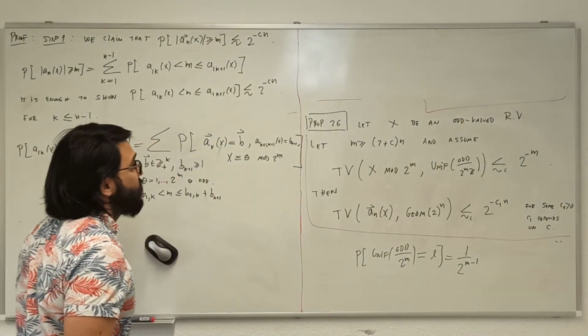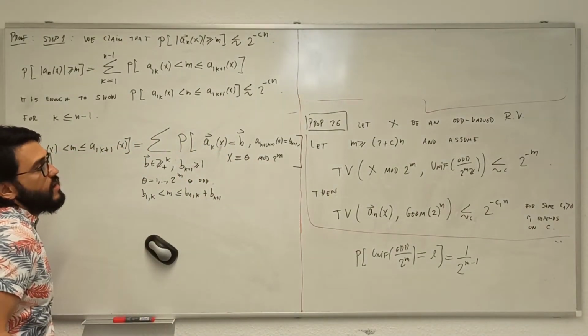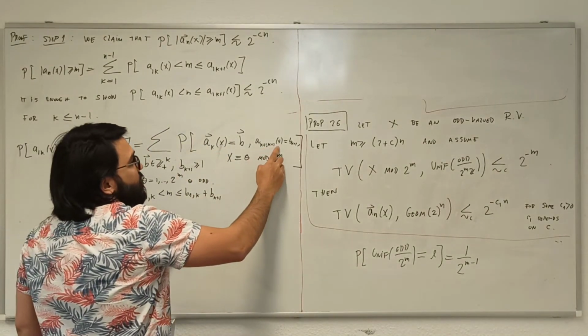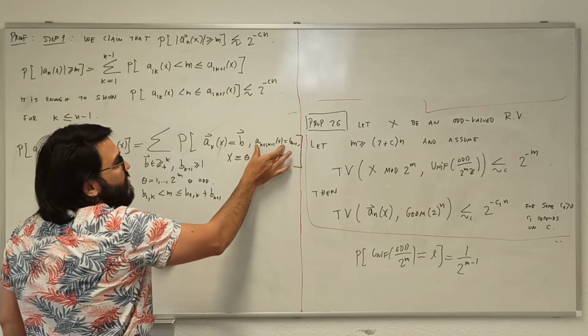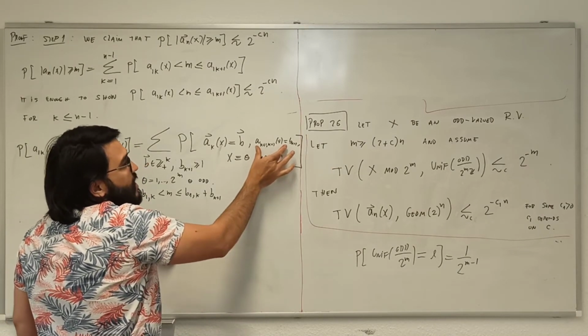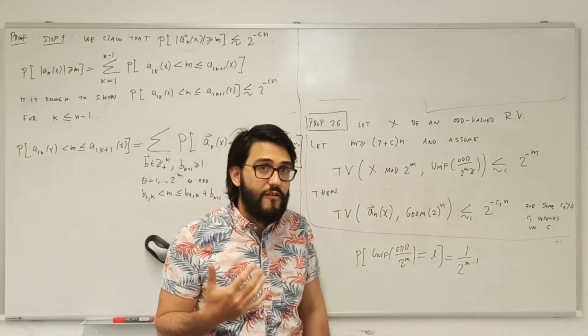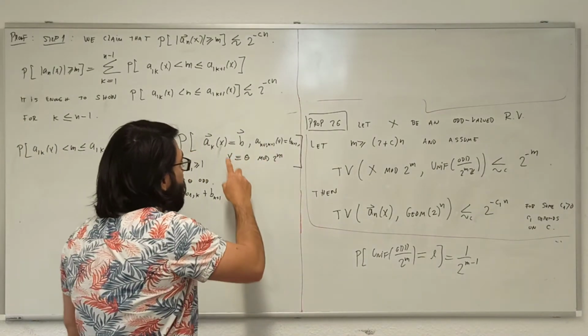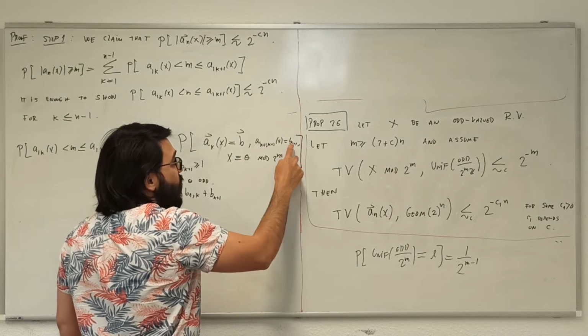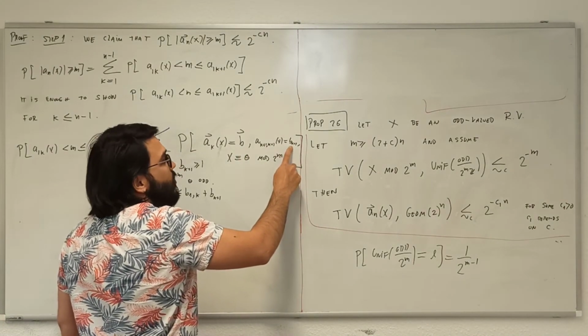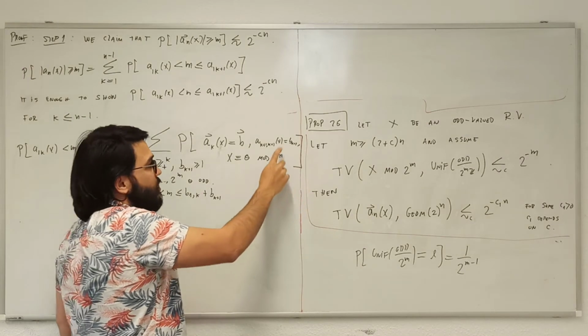So there is only one possibility for a_{k+1}(x) equal to b_{k+1}, because this is completely defined in terms of the previous b, because of the lemma. So there is exactly one possibility of b_{k+1}.